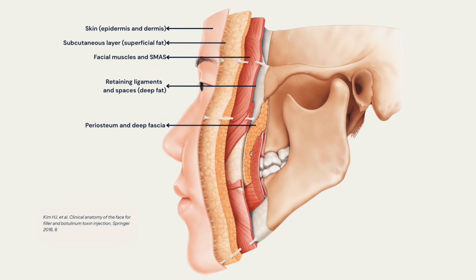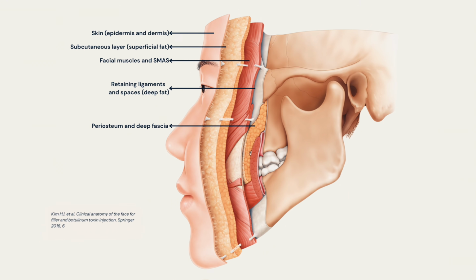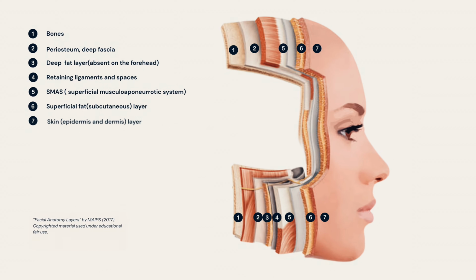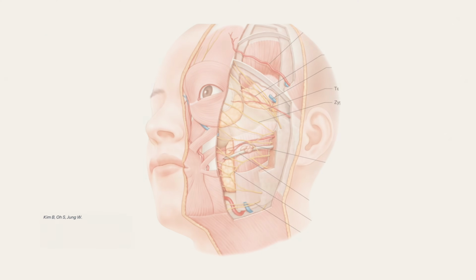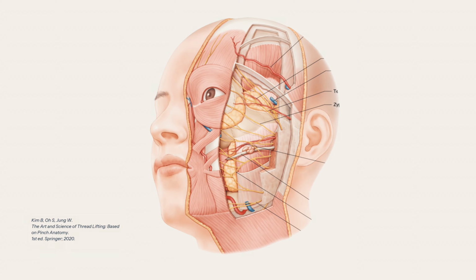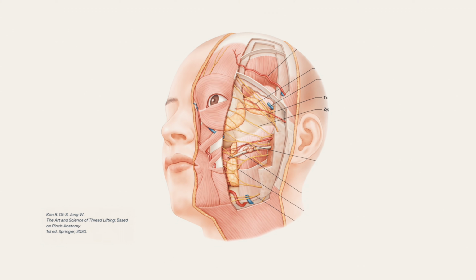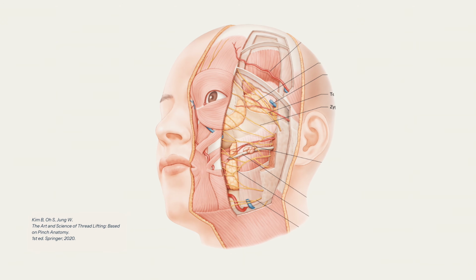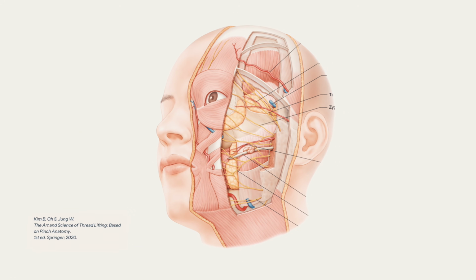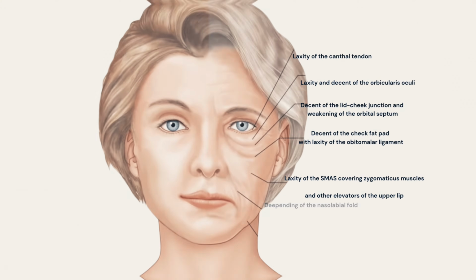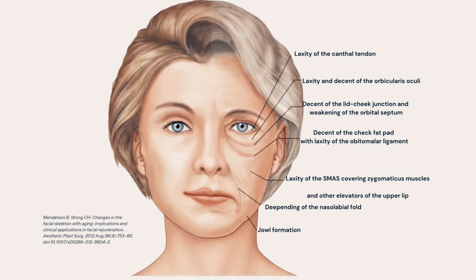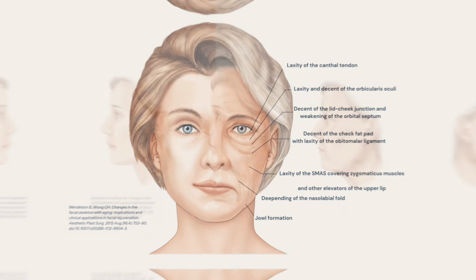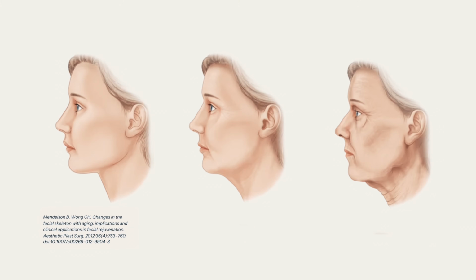Mimetic muscles. These are the muscles responsible for facial expression, and their overactivity can lead to dynamic wrinkles. Vascular and neural zones. These are areas of vessel and nerve passage that must be recognized before injecting to minimize complication risks. Skin architecture. Its thickness, elasticity, and collagen levels directly influence your treatment plan.